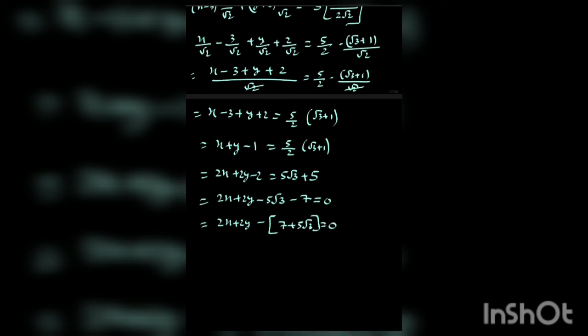So 2x + 2y, taking minus common, minus (7 + 5 root 3) is equal to 0. So this is the answer, and here it is plus. So here only minus 30 by 2, that is minus 15. So cos(-15) value is this.